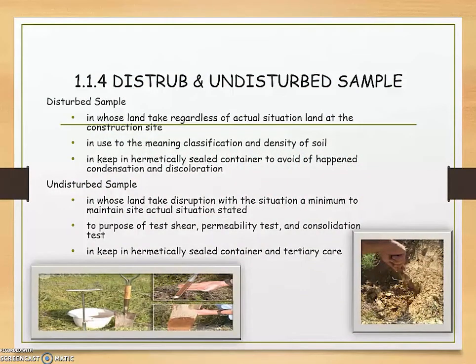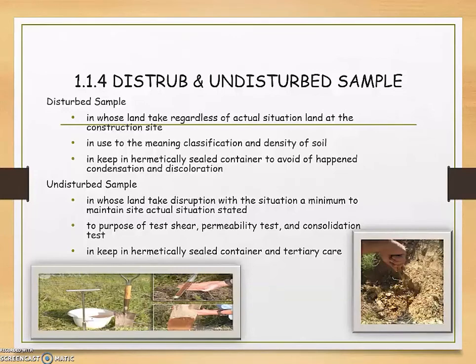Okay, next is about samples. There are two types of sample, which are disturbed and undisturbed samples. A disturbed sample is taken by hand regardless of the actual situation of the land at the construction site. The sample is used for the meaning, classification, and density of soil.